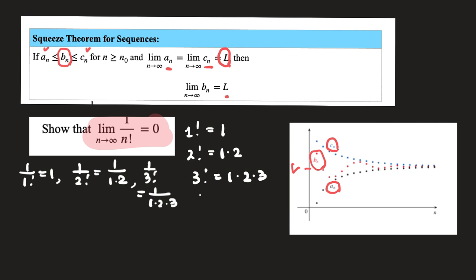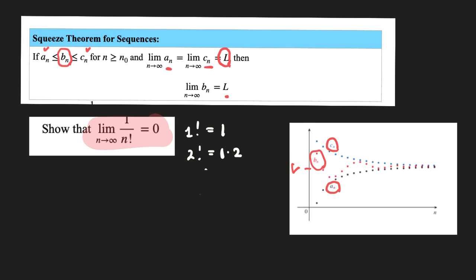I'm going to introduce n factorial right here. I'm going to erase this whole thing, need more space. So n factorial means 1 times 2 times 3 all the way to n. Guys, make sense? Of course, this is greater than n, right?